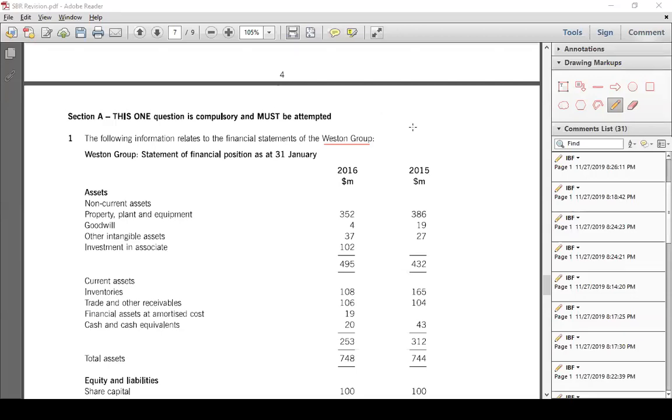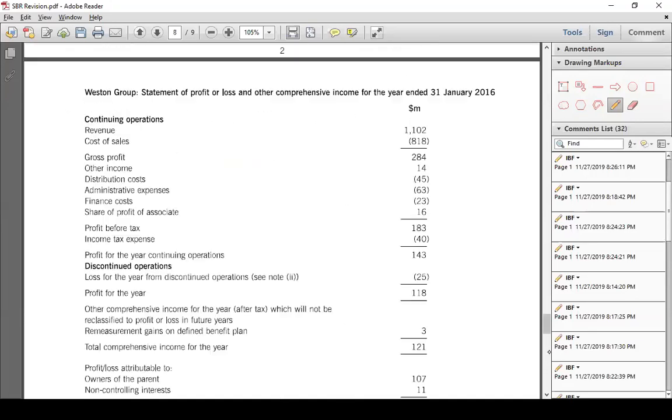So now we are starting the question of the Western Group, which has given us the statement of financial position for 2016 and 15. And after this, they have given us the profit and loss and the other comprehensive income as well.